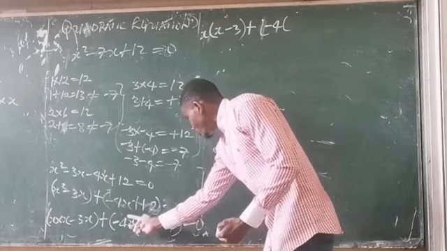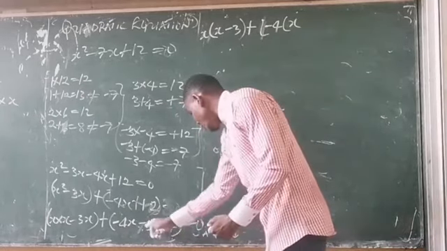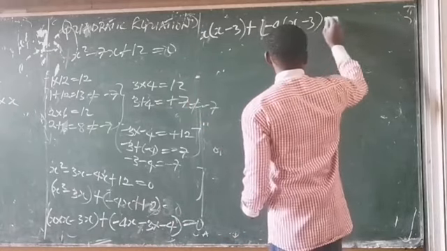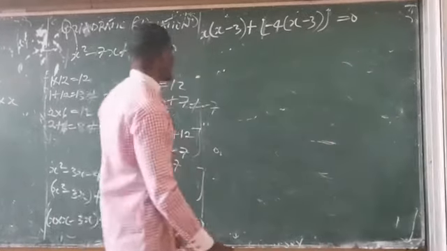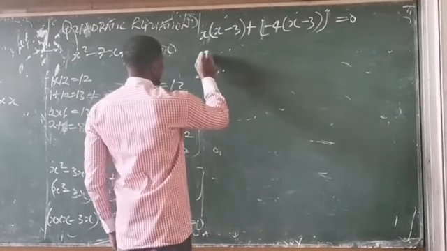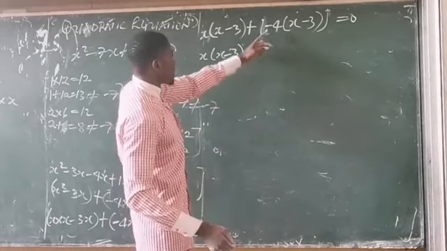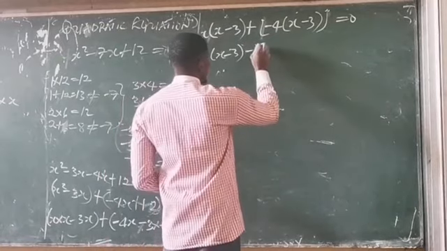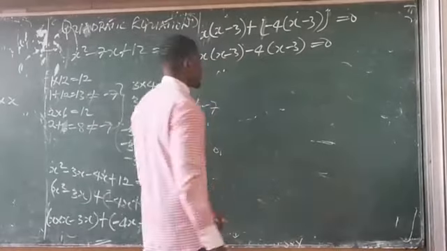At this point we are left with only x here, and we are left with minus 3, because minus 4 is out. Close bracket. And this is equal to 0. Let's rewrite the equation. This is x into x minus 3. And of course, minus has more power than plus, so plus minus becomes minus. You have minus 4 into x minus 3, close bracket, equal to 0.